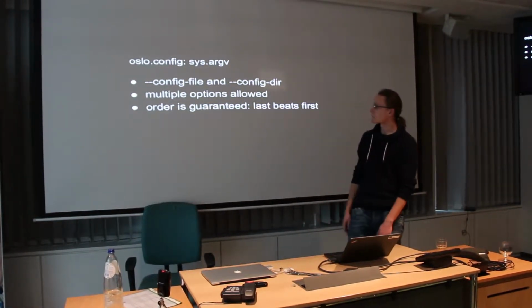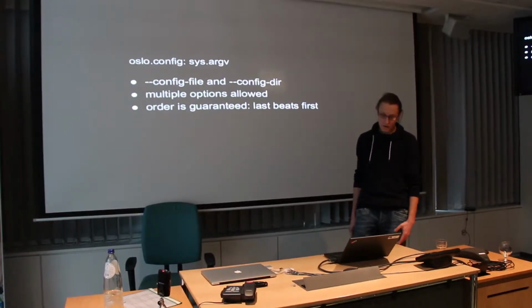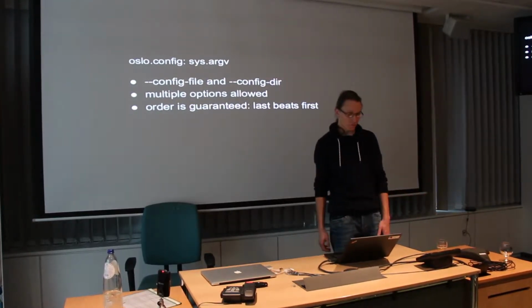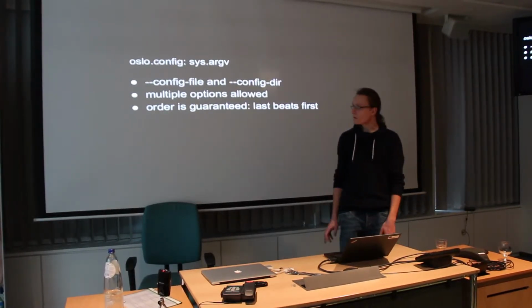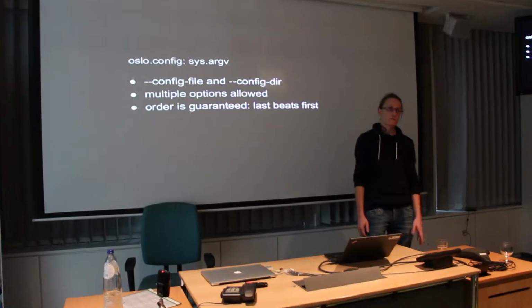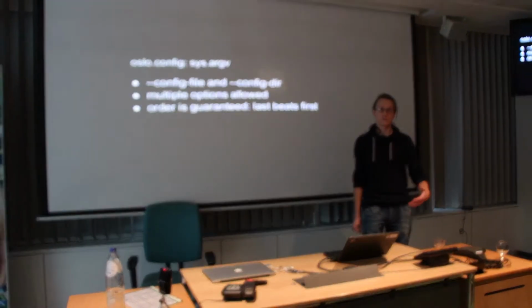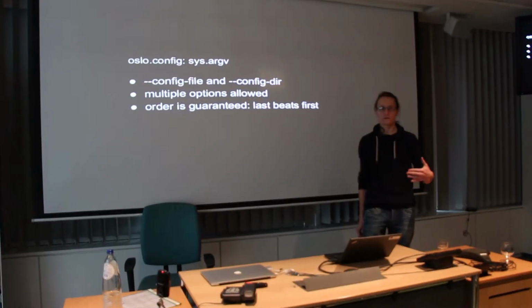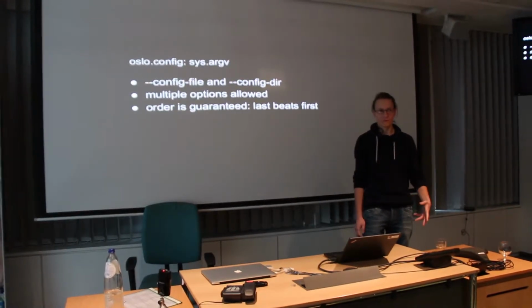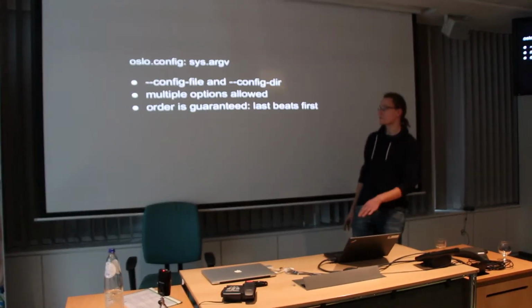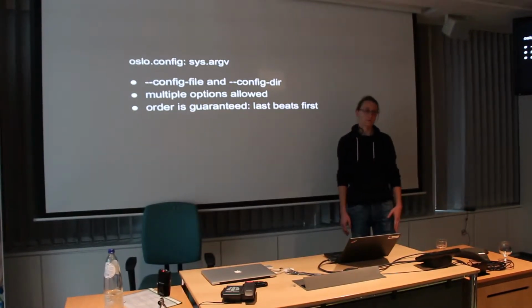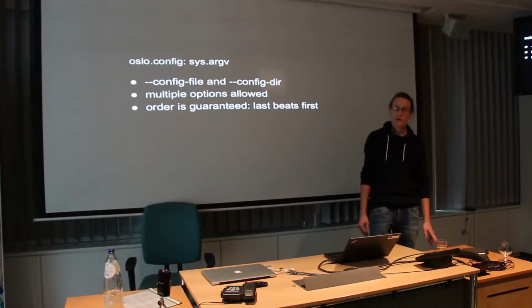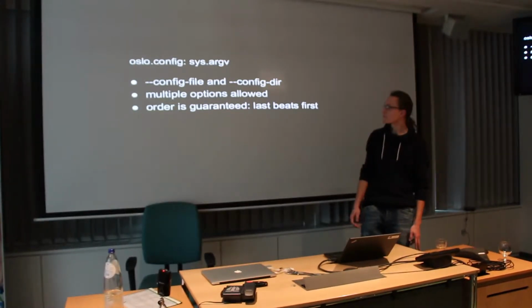You can use several of them if you want to read configuration options from different files. And one important thing is that the order of those options influences the priority of the values that are passed in the files. What it means is that if some option has multiple different values set in different files, then the last one wins.